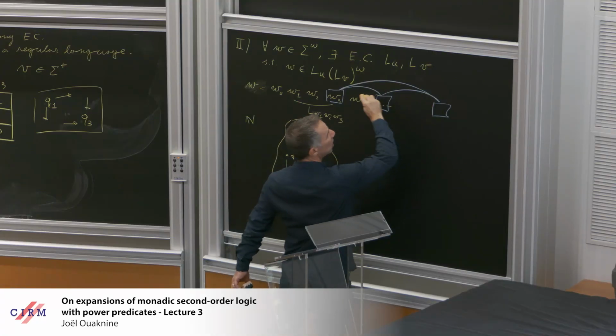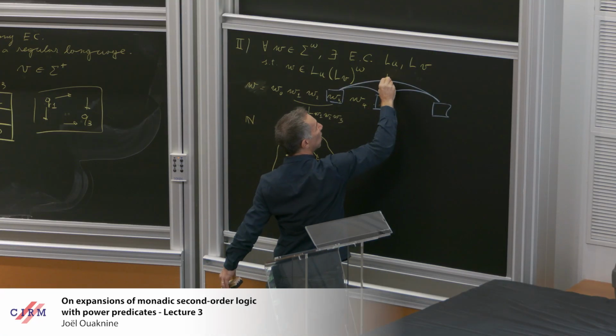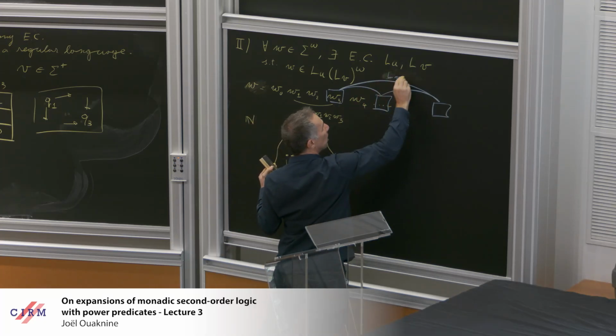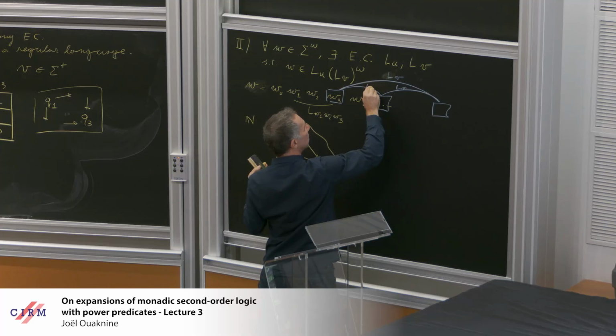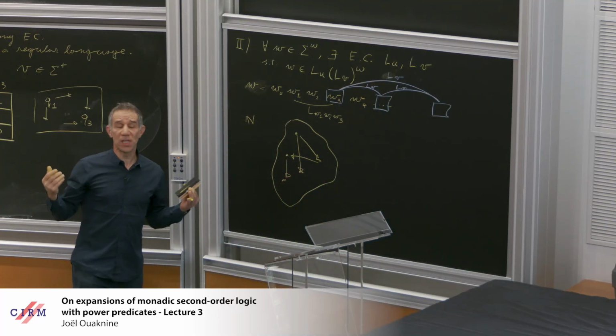In fact, it's a clique, and this corresponds to some class I'm going to put in blue, which I'm going to call LV. This is an LV, and this is an LV. Okay, so that's by the infinite Ramsey theorem.